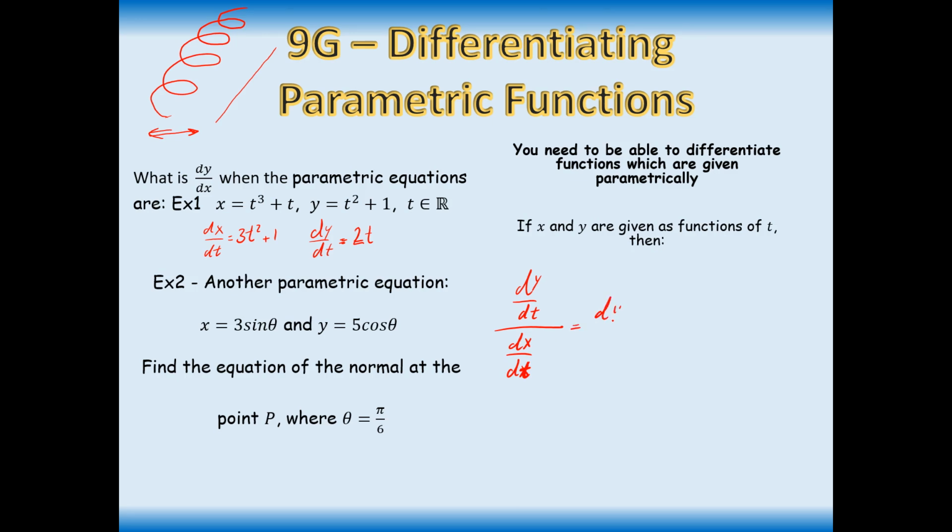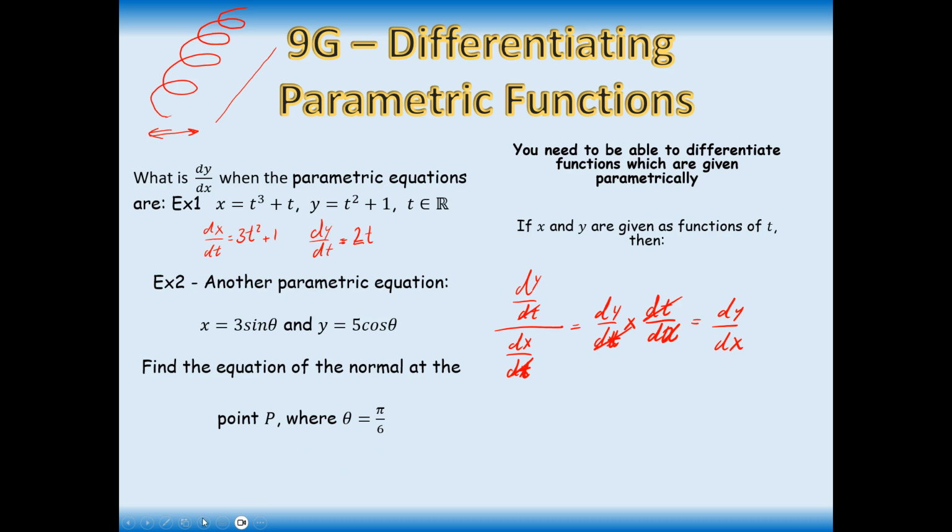You're dividing, basically inverting and multiplying in reverse order, and the dt's cancel away. So what you get is dy by dx, right? That's the general formula we're using throughout this section.